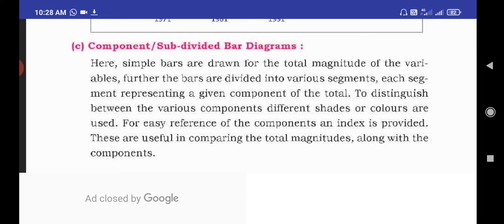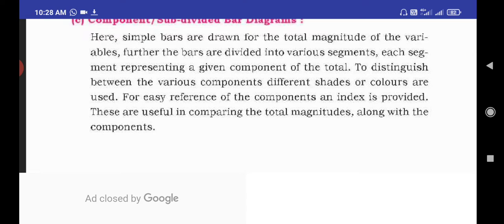We can use a single bar and divide that bar into various segments.